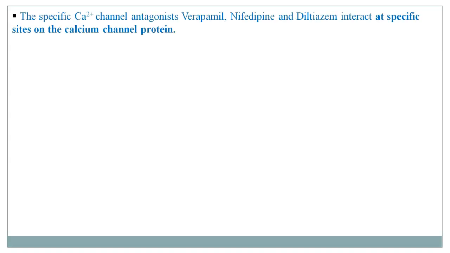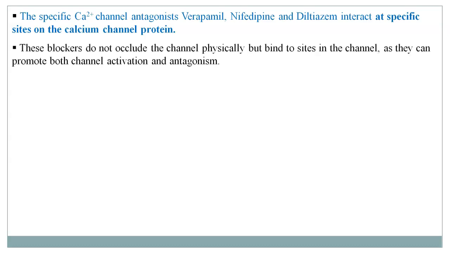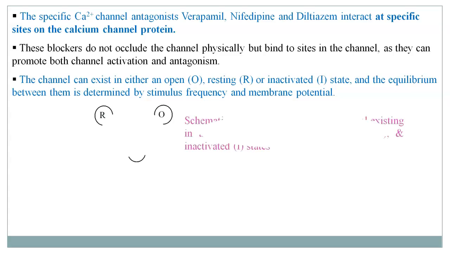Now, important things regarding calcium channel blockers. The specific calcium channel antagonists like verapamil, nifedipine, and diltiazem interact at specific sites on the calcium channel protein. These blockers do not occlude the channel physically but bind to sites in the channel, as they can promote both channel activation and antagonism.